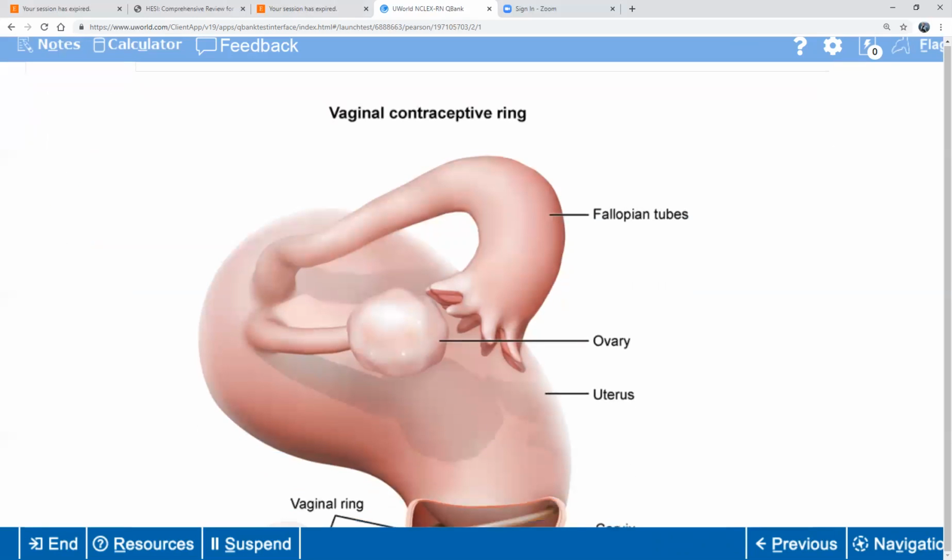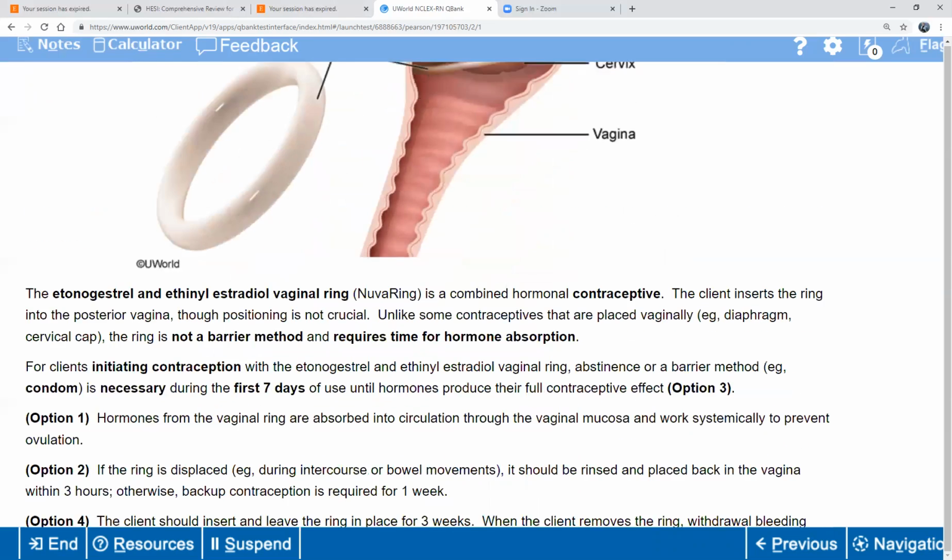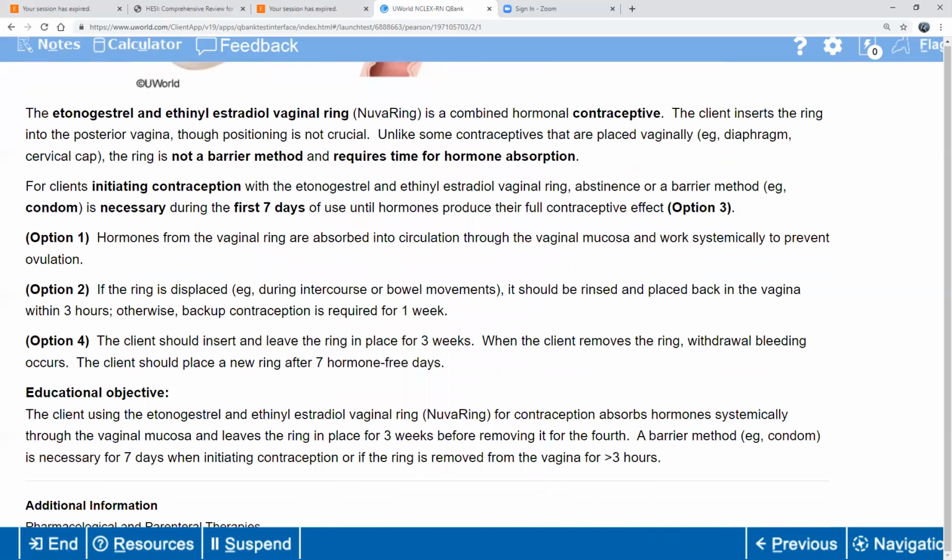So, the client should insert and leave the ring in place for 3 weeks. So if the hormones are going into your bloodstream, it probably requires time, huh? Okay. And number 4 is actually true. It stays in for 3 weeks and then it comes out for a week.